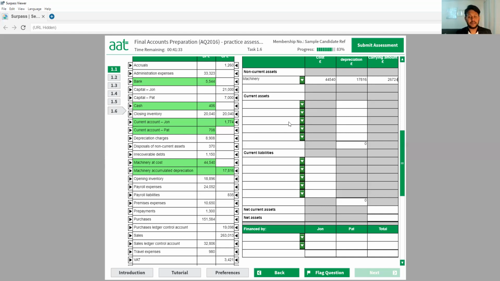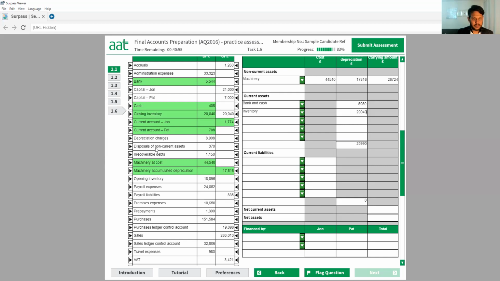Then you have to know how much is the current asset we have. So current asset starts with the cash and bank that we have just calculated. So cash and bank, that we said 5,950. And then the next one we have closing inventory, that is 20,040.